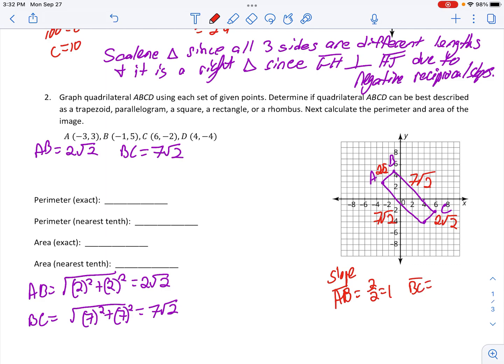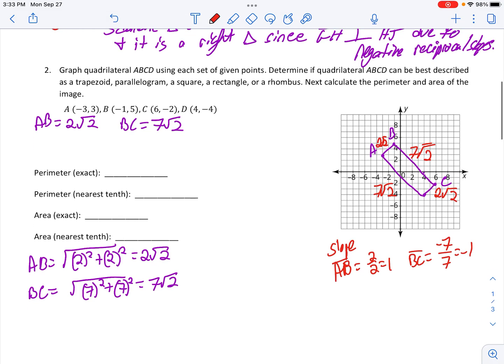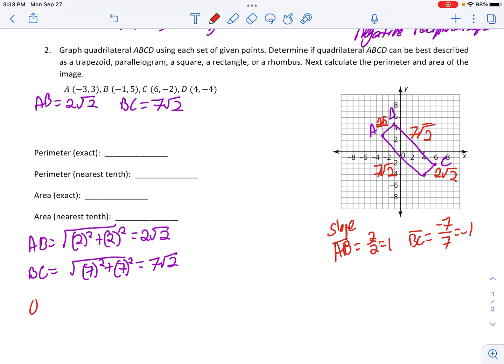I do that for BC, and I compare the slopes. I went to the right 7, and went down 7, so that gives me a slope of negative 1. And because of that, we have ourselves a rectangle.